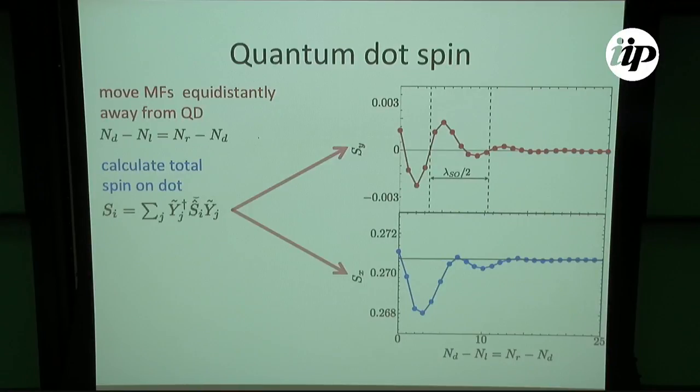We moved the Majorana fermions equidistantly away from the quantum dot, and then we calculated the total spin on the dot, and we found that the spin along the y and the x axes oscillated with a periodicity of the spin-orbit length over 2, and the spins were out of phase with each other by approximately pi over 2 as well. This is consistent with what we saw in the analytics.